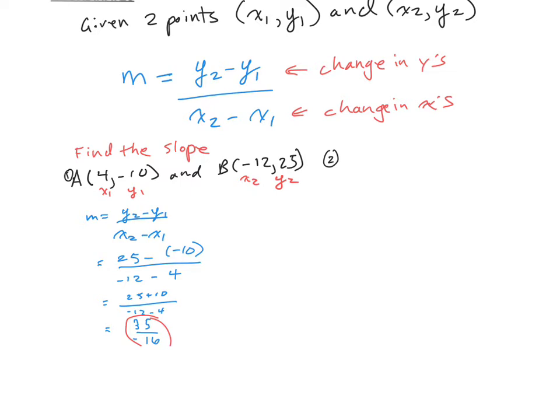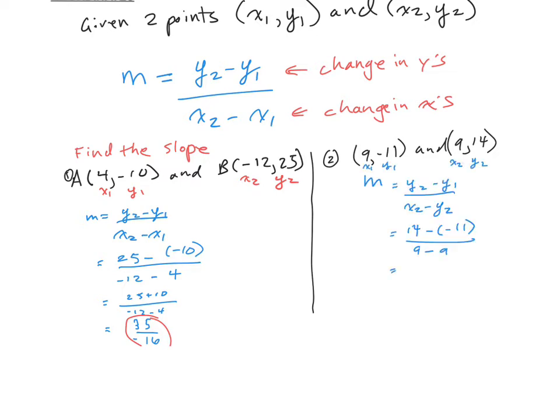Let's take a look at example 2. Example 2 is (9, -11) and (9, 14). We substitute into our equation exactly like before.